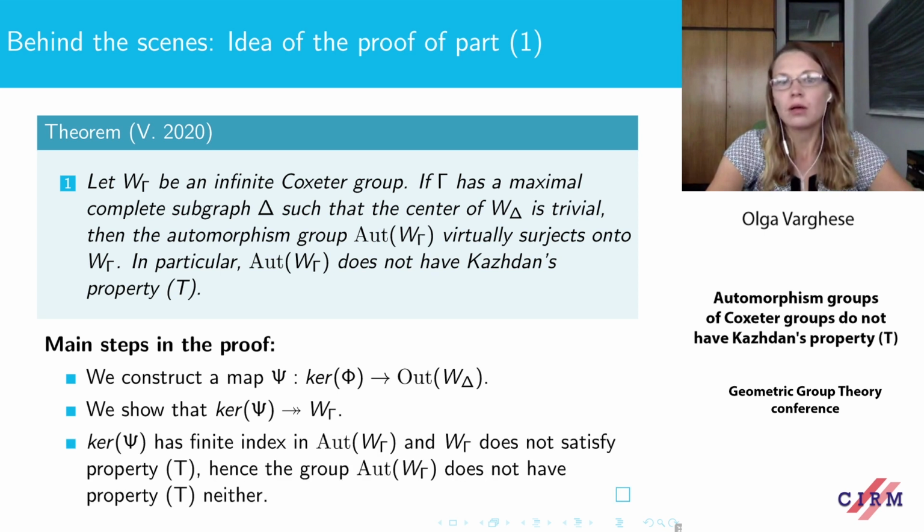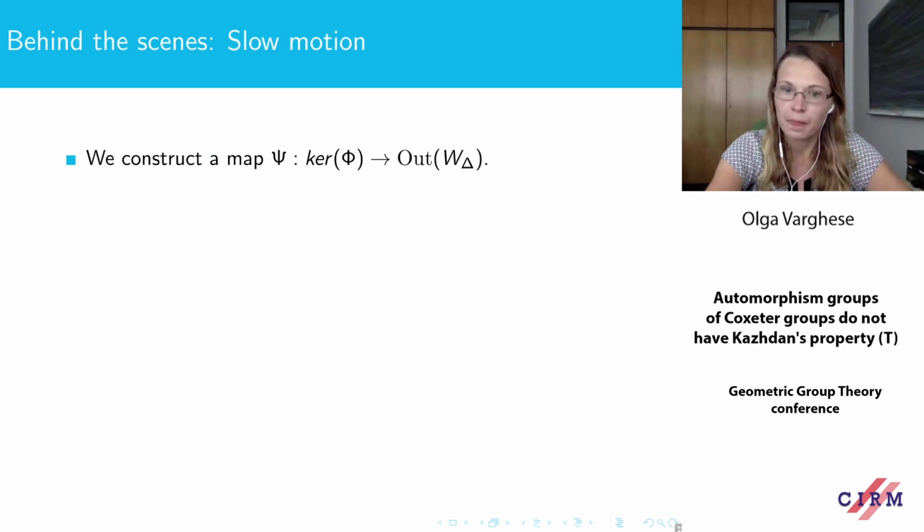So the kernel of psi has finite index in the automorphism group of W gamma, and W gamma does not satisfy property T, so the group Out W gamma does not have property T either.